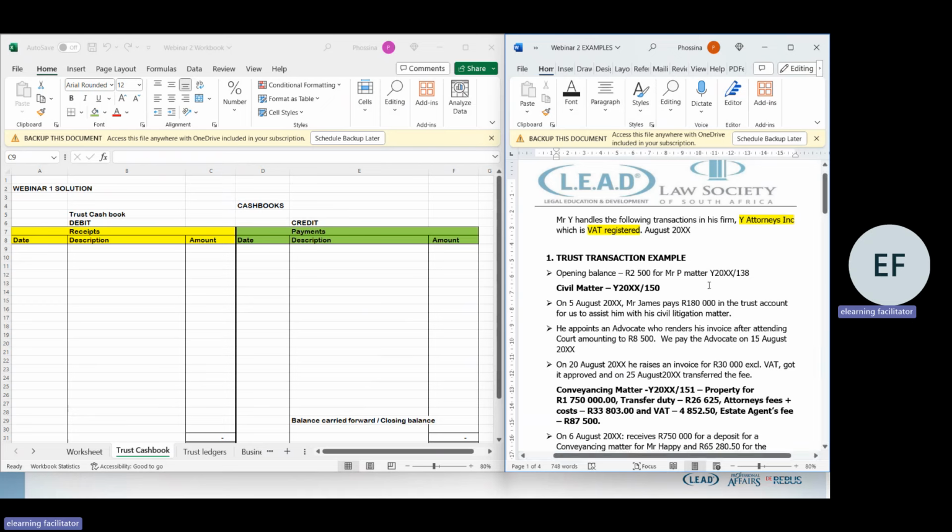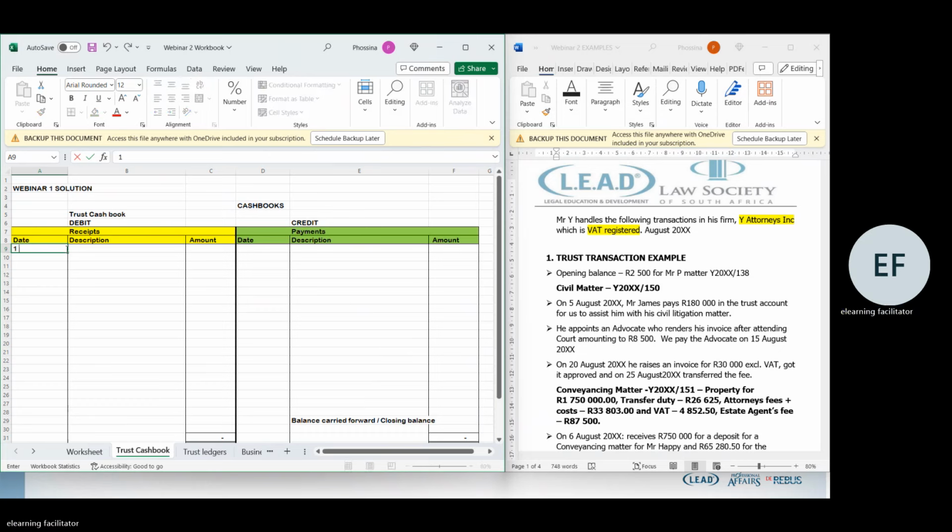Okay, and if we look, we've got an opening balance of 2,500, and this opening balance means in our trust account, there is money which we are holding for Mr. Peacemaker. Okay, so opening balance usually occurs on the first day of the month, which is 1 August 20XX.